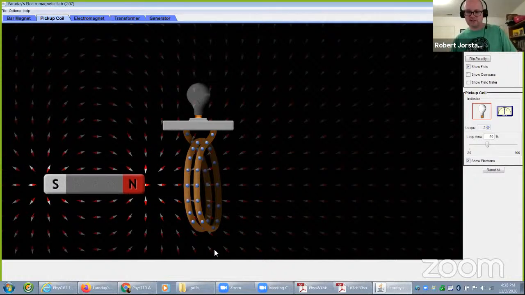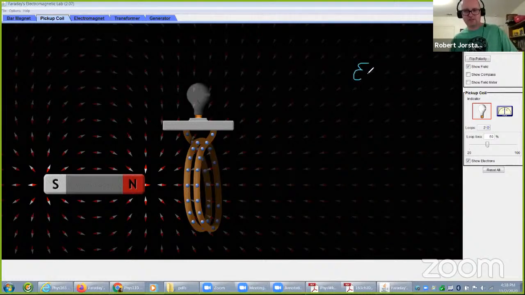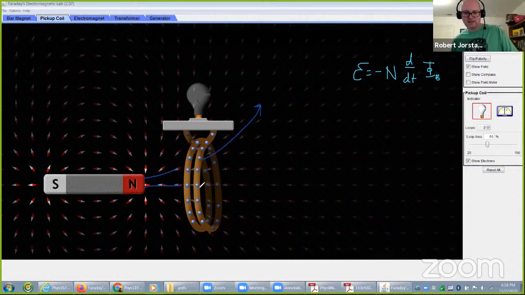What was Faraday's law? Let me write that up again. The induced voltage is equal to negative N times the time rate of change of the magnetic flux. What is magnetic flux again? Magnetic flux is something related to the amount of magnetic field lines penetrating a surface.